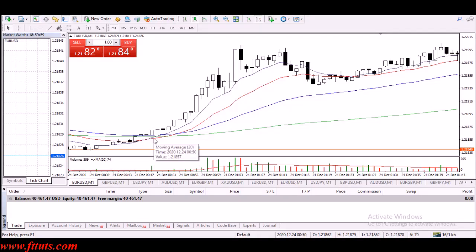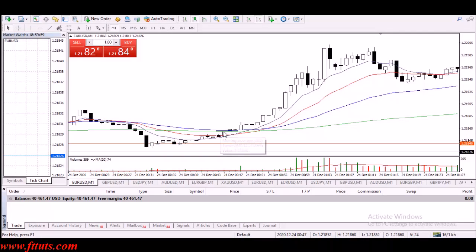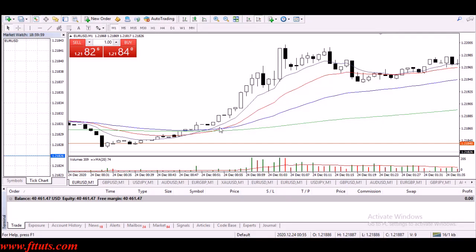When the EMA 9, the shortest one, is crossing EMA 200, the longest one, it means that the price has the possibility of going up much further. Then EMA 20 followed by crossing EMA 200, and then EMA 50 also followed, or maybe here EMA 50 was almost reaching EMA 200 and went up again. That's perfect. Also EMA 9 and 20 crossed EMA 50.